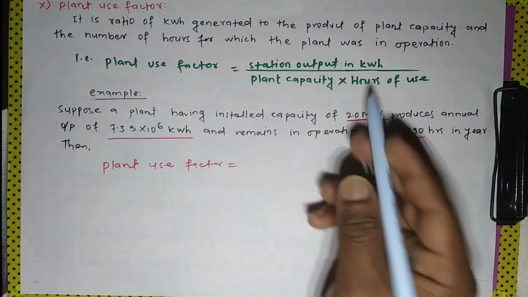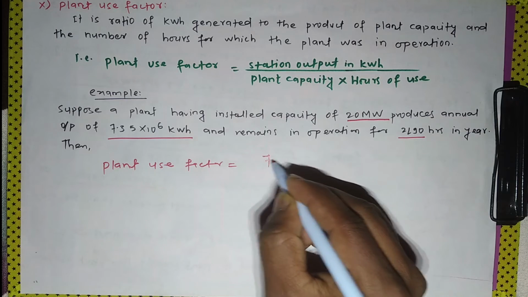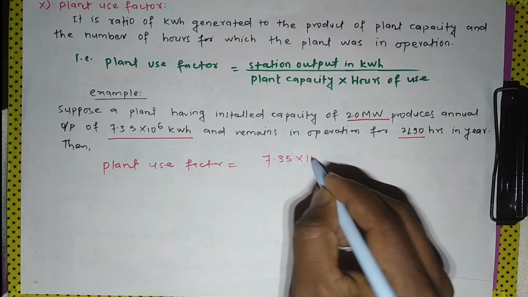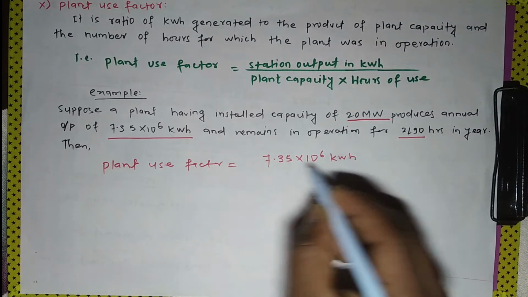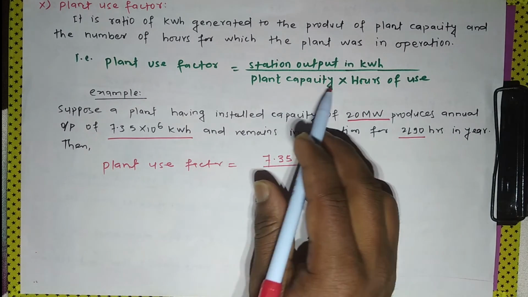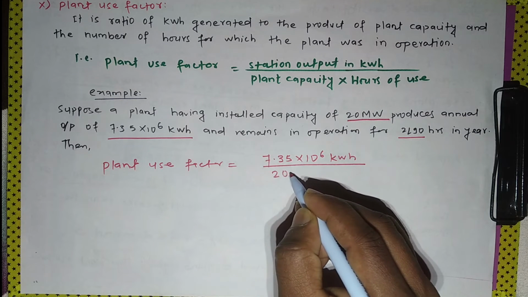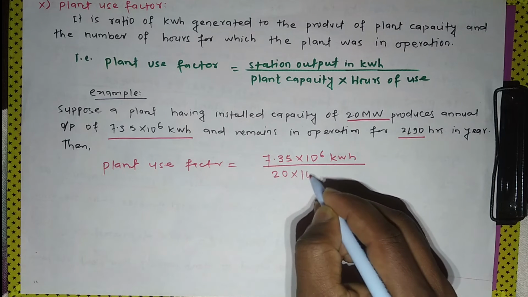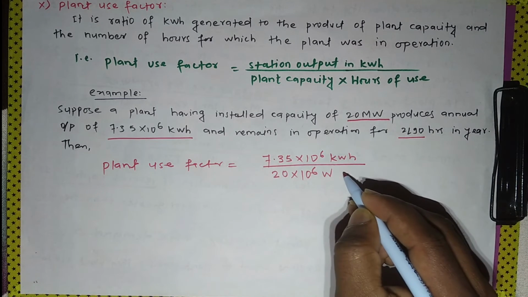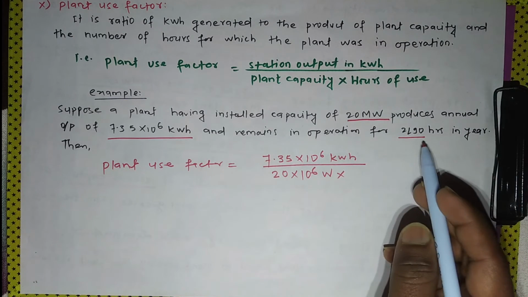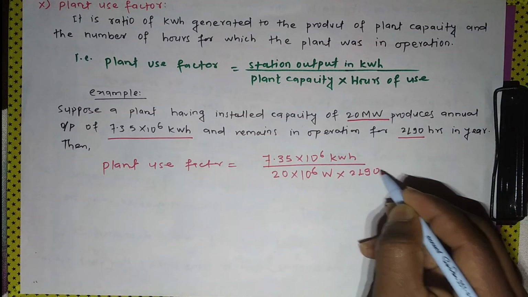Station output in kilowatt hours is 7.35 into 10 to the power 6 kilowatt hour, divided by plant capacity. What is plant capacity? 20 megawatt. If we convert 20 megawatt into kilowatt, there will be 10 to the power 3. And hours of use, how many hours? 2190 hours.